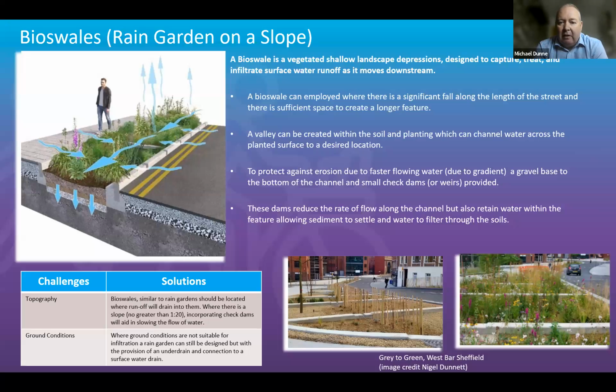To protect against erosion due to faster flows, as these can be on long linear sections with steep gradients, you can deal with this by providing a gravel base at the bottom of the channel and introducing some small check dams or weirs, which is what you can see in the images at the bottom left. Before planting, you can see the check dams.